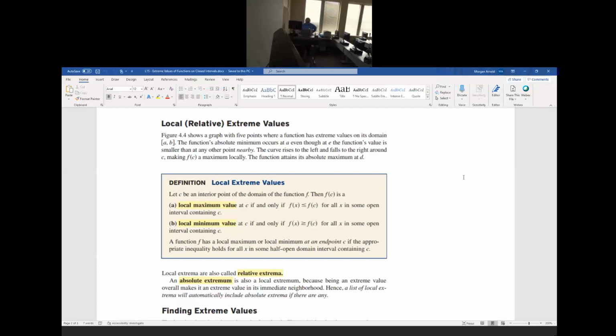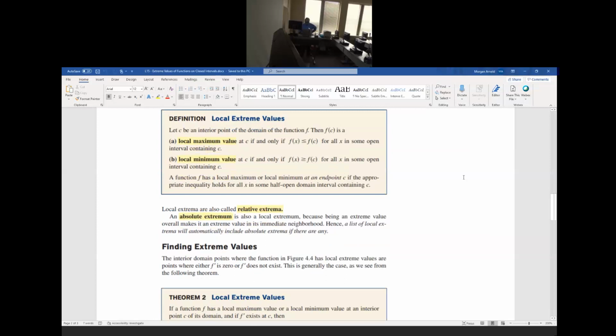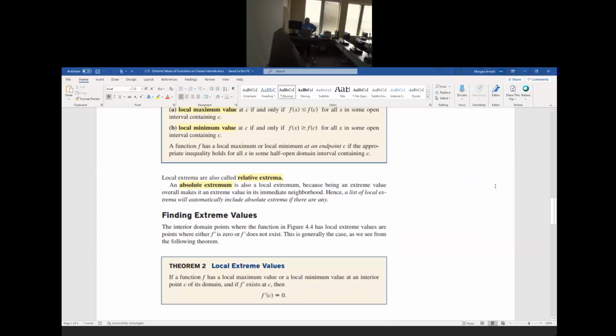Your f of x or your function is less than or equal to this particular point, as I showed you on the general graph. And minimum point is where your function is above your minimum point, f of c. Local extrema are also called relative extrema.